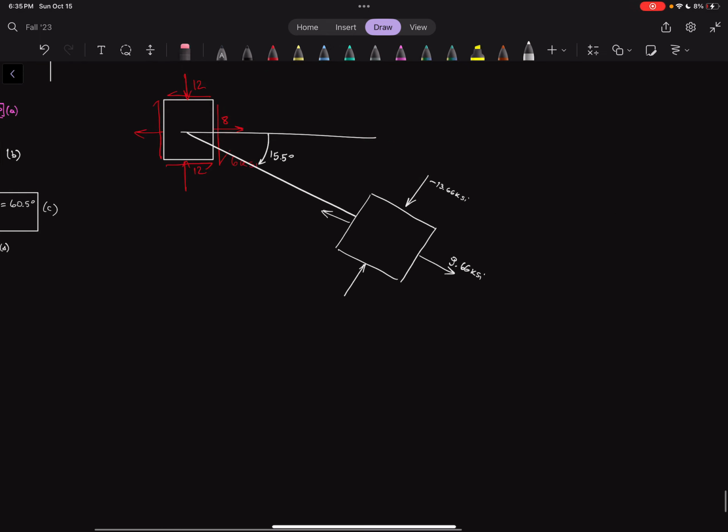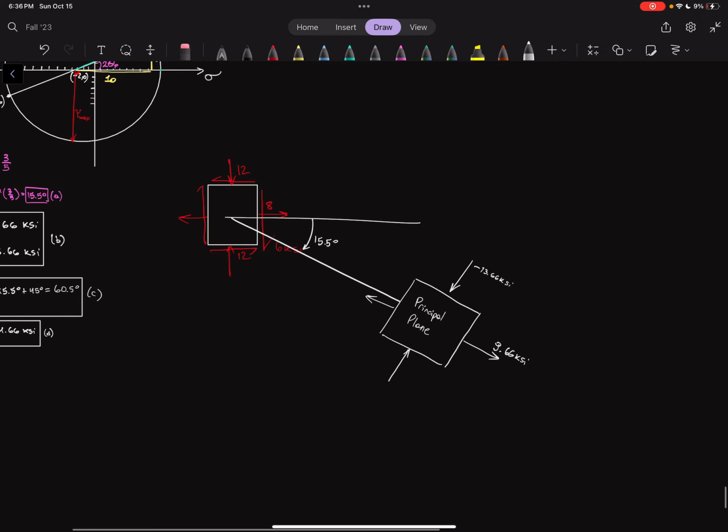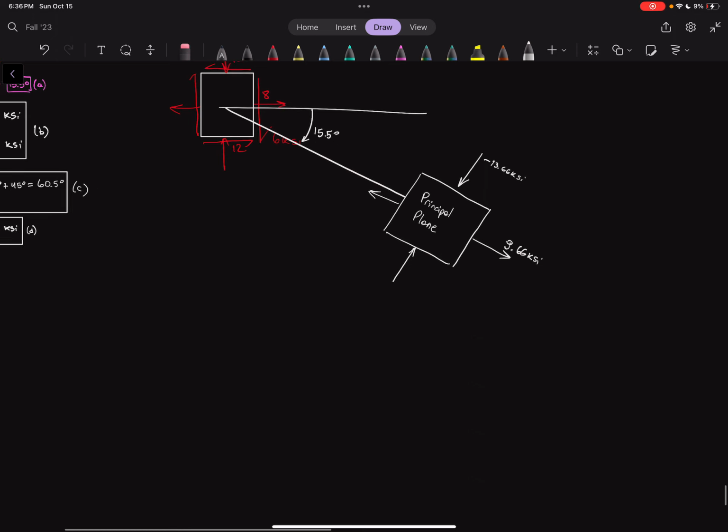So this is my principal plane. And then on the other side, if I go another 45 degrees, I go all the way to here.